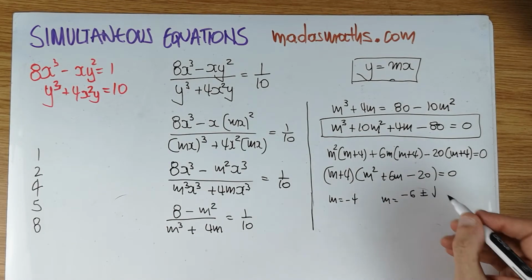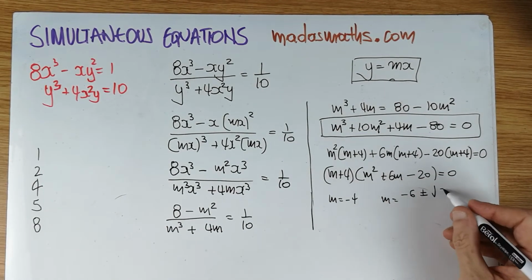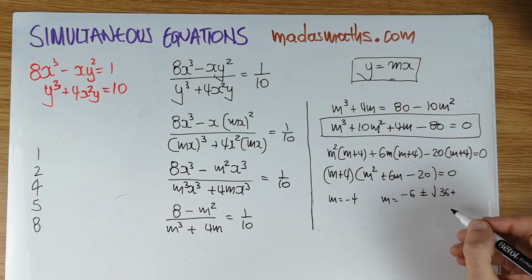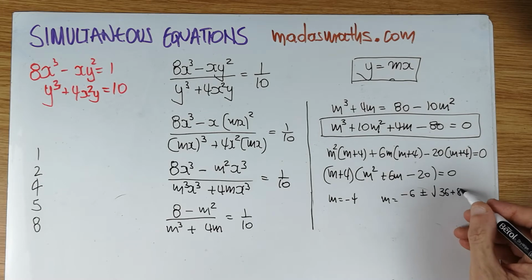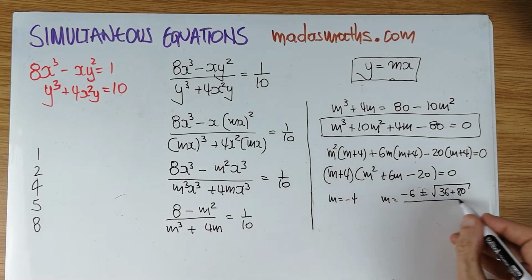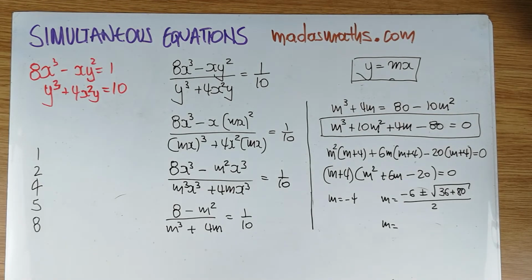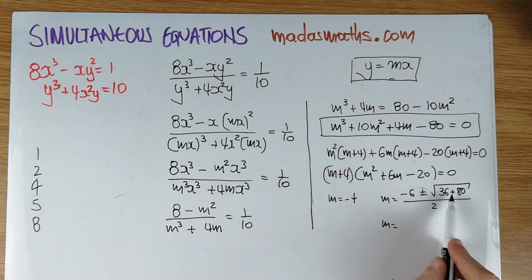formula, minus 6 plus or minus the square root of 6 squared, 36, plus 4 times 20, which is 80, the whole thing over 2. M is equal to, what do we have in there? We can factorize, I guess, a 4 out of this.